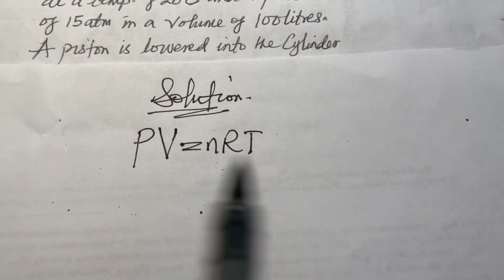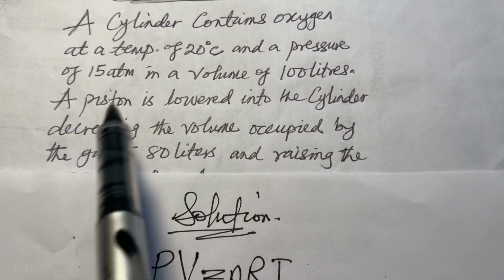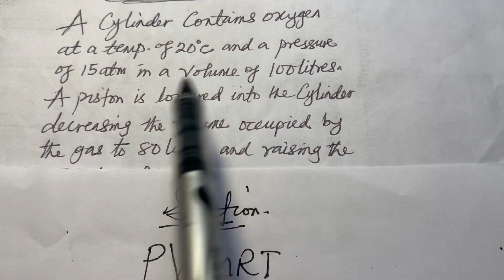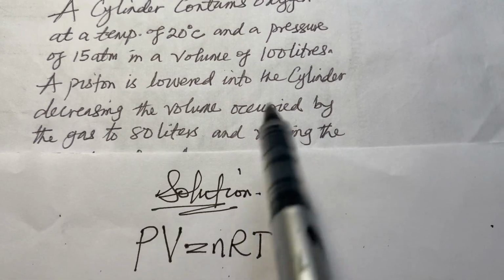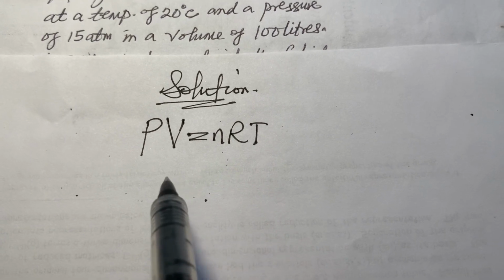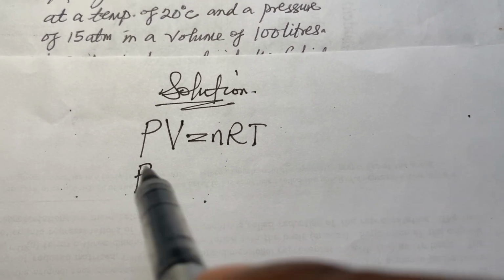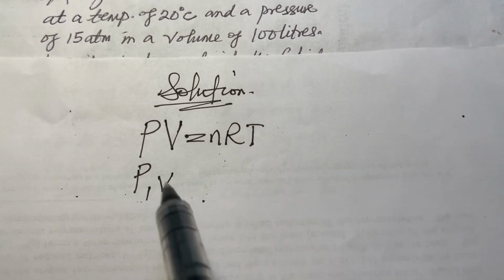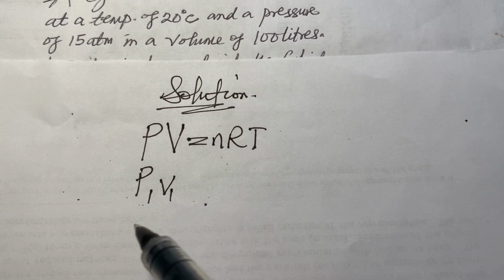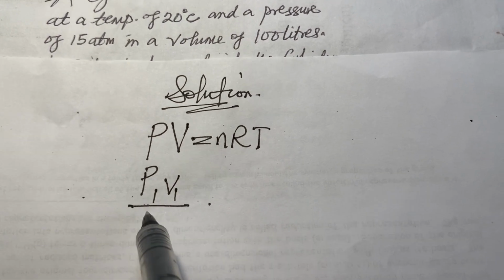So let's expand this problem. Checking this problem, you notice that we have different values of temperature, volume, and pressure. That will help us expand this problem, since we have two values of pressure and volume, and inclusive temperature.